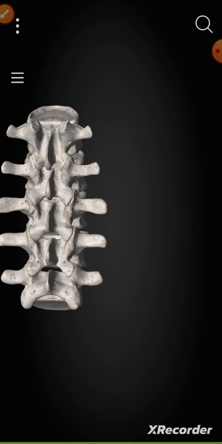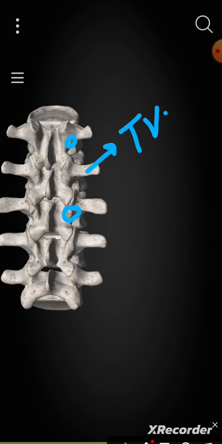The actual transverse process which is here, there is a small accessory process. There is a small accessory process here, see.